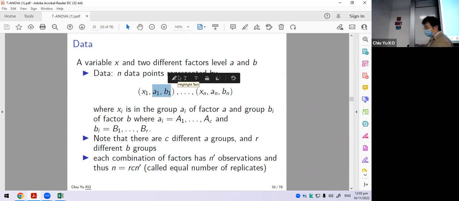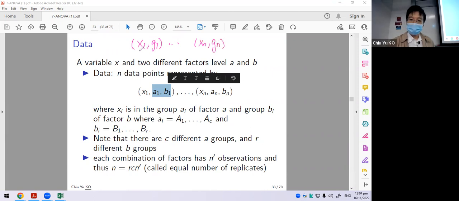Suppose in the one-way ANOVA, remember the example we have: we have X1 and G1. This is the data. The example we gave is that X1 may be the GPA or the income they earn after they graduate from CUHK, and the grouping can be, say, college, which college you are in.